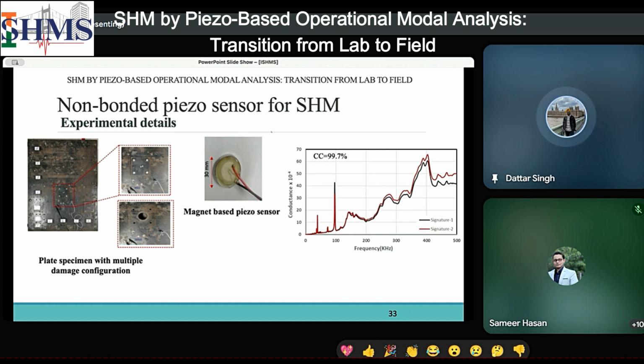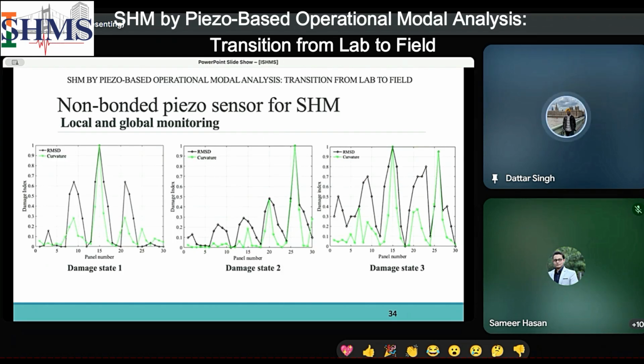Then global monitoring was done by obtaining the curvature mode shapes, and local monitoring was done by obtaining the RMSD from every node at the plate using these magnetic piezo sensors. Now, when we compare both the curvature and RMSD values in all the damage scenarios, we can see that curvatures are less significant at non-damaged elements compared to RMSD in all three cases.